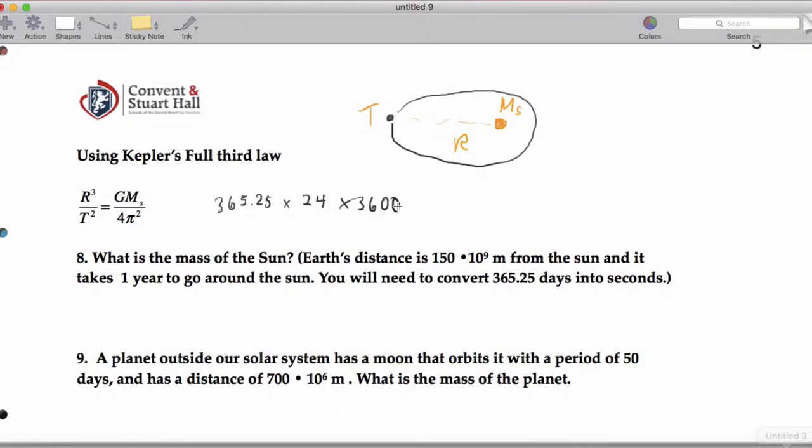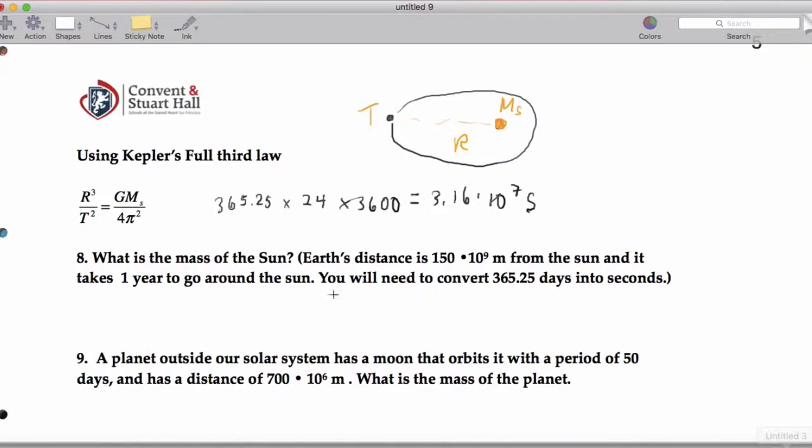Let's work that out. 365.25 times 24 times 3,600 gives us 3.16 times 10 to the 7th seconds.